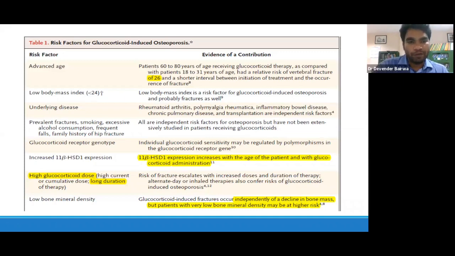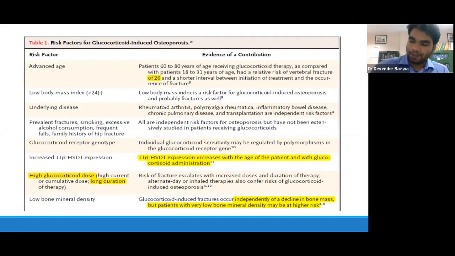Then there are some polymorphisms in glucocorticoid receptor. Obviously, some polymorphisms which are associated with more activity of these pathways. Then there is association with increased 11 beta hydroxysteroid dehydrogenase type 1 expression, and high steroid doses and long duration, and low bone mineral density.